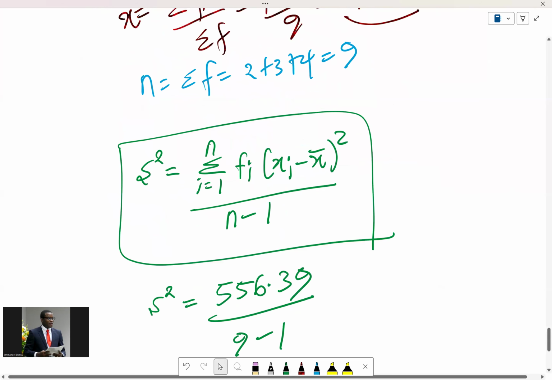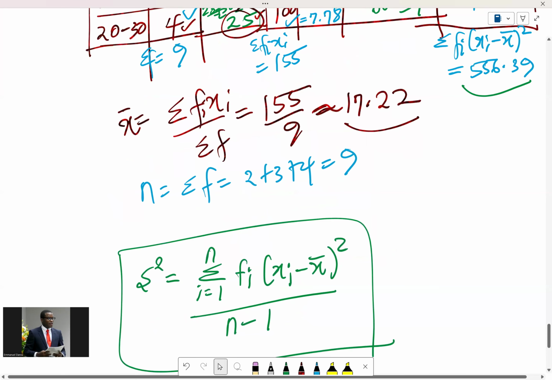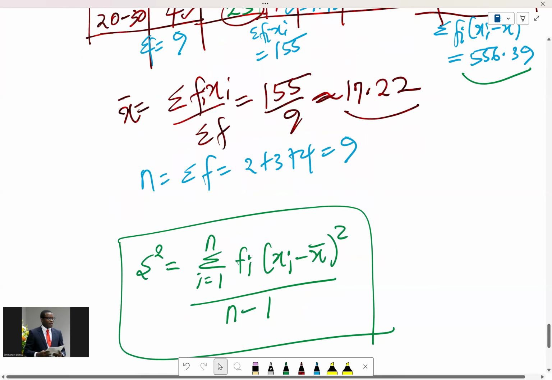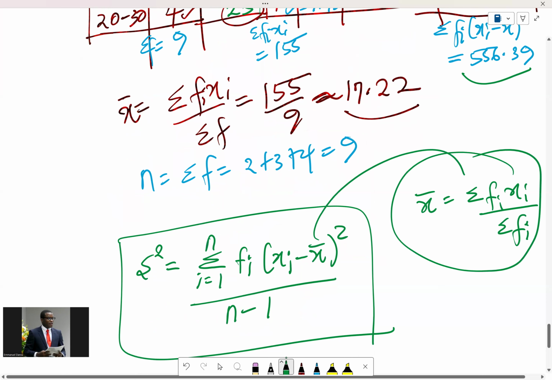So don't forget the formula. Now that frequency is attached, you need to calculate x bar first, which is the summation of f_i x_i all over the summation of f_i. You need to do that first to get this, and then other things move on like that.